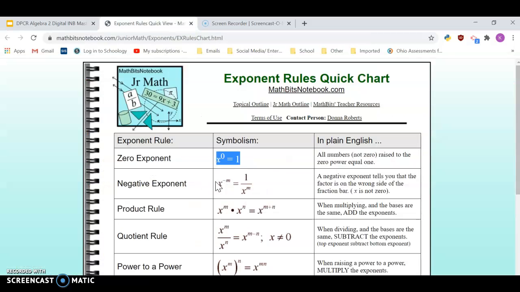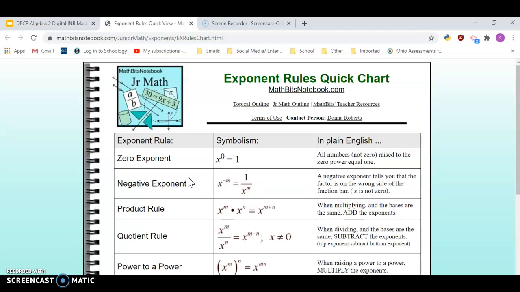All right, let's take a look at this next one. All right, so for the negative exponent rule, they show us this x to the negative m equals 1 over x to the m. So what this is really telling you is that a negative exponent tells you that the factor, whatever that number is as its base, is on the wrong side of the fraction bar.